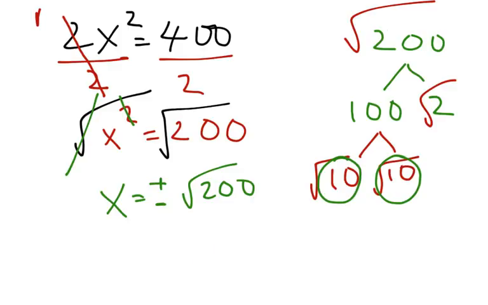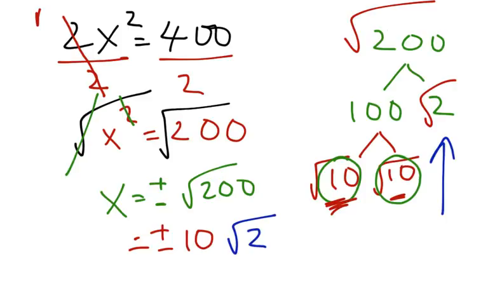I have two tens inside the radical, so one is coming out. What do I have left? The square root of 2, because there's only one 2 inside the radical, so it remains inside. So my answer is x equals plus or minus 10 square root of 2.